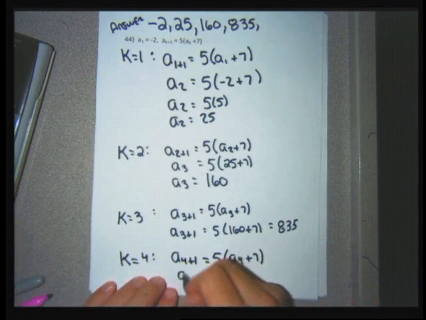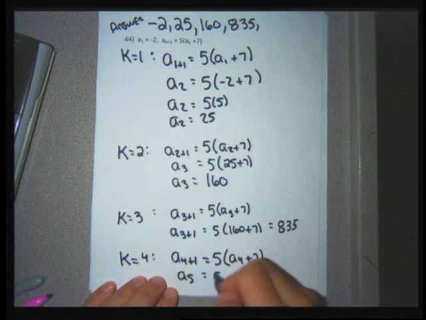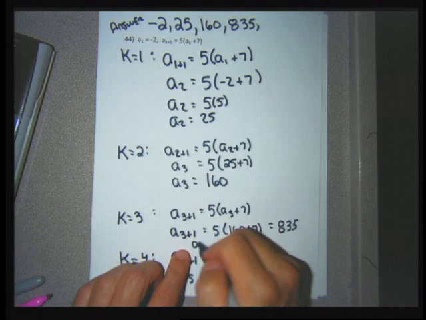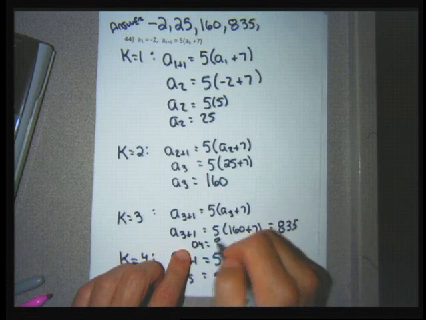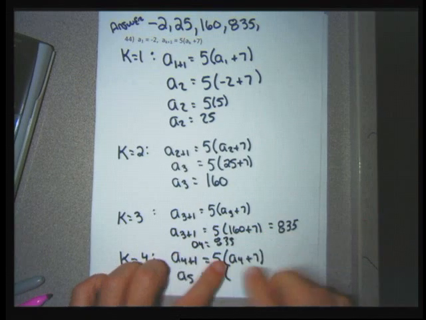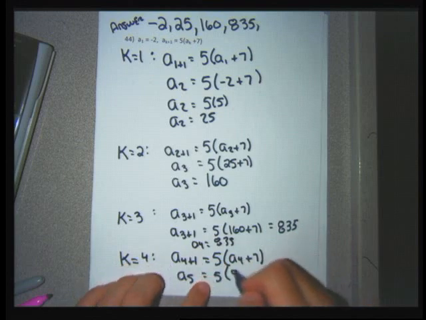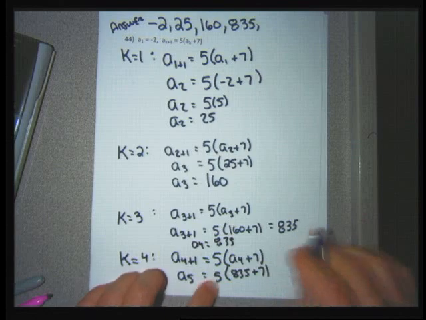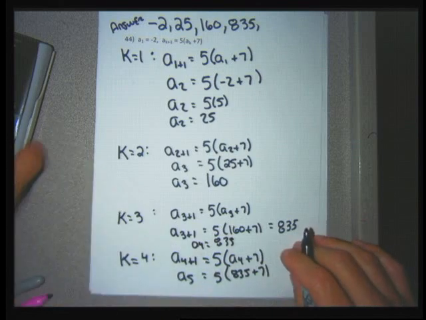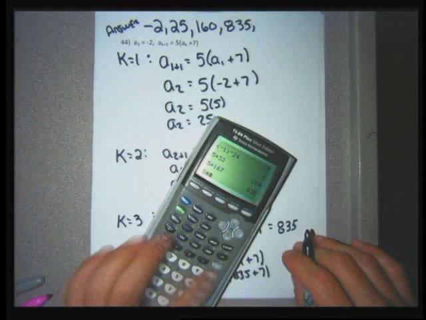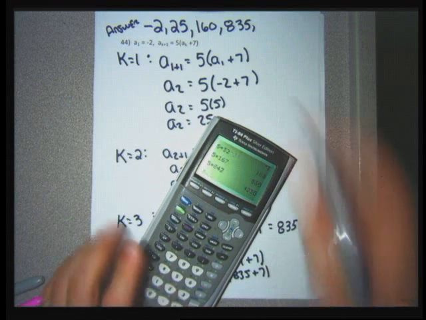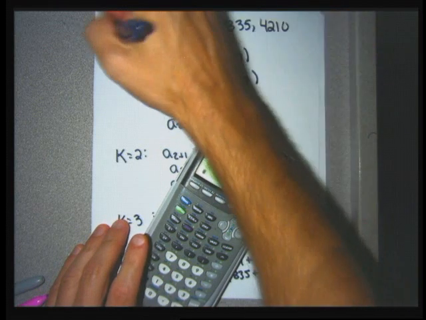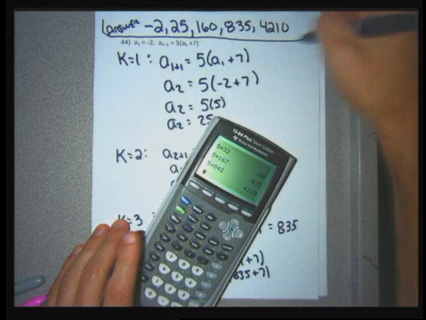This gives me a sub 5 equals 5 times, and then in place of a sub 4, which was what I just figured out, that a sub 4 was 835, I'm going to plug in 835 plus 7. So I'm going to go 5 times 842, and I get 4,210.